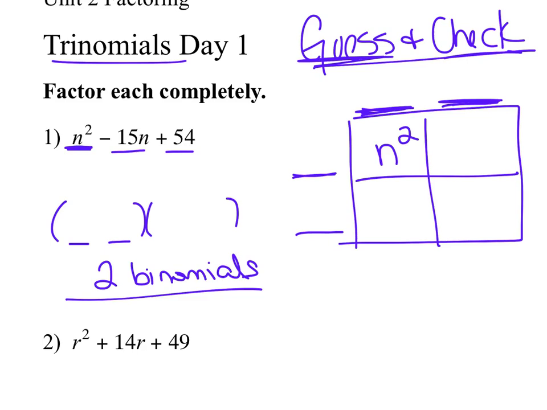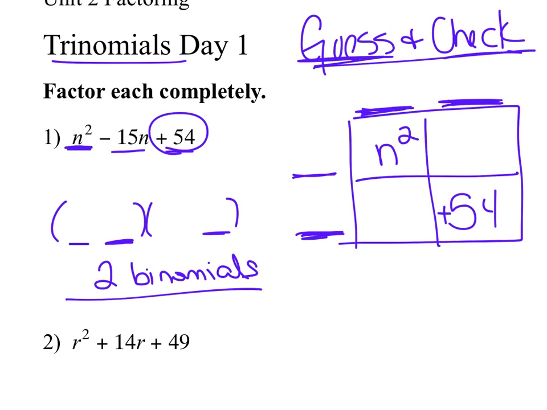That's the answer. So remember, we're unmultiplying. We're putting the answers in, and we're going to work our way to get the question. It's like Jeopardy. And when you multiply these two outside ones, the last ones, you're going to get this one, positive 54.